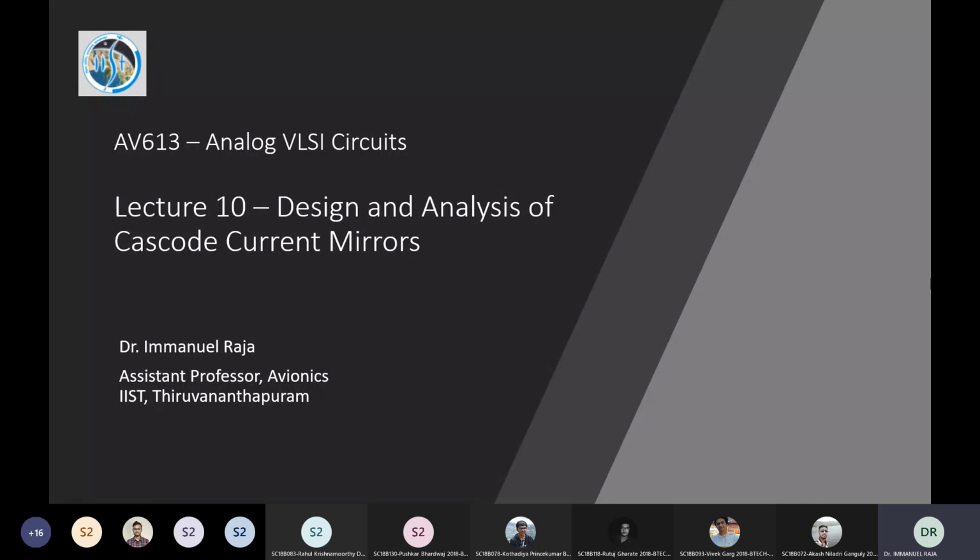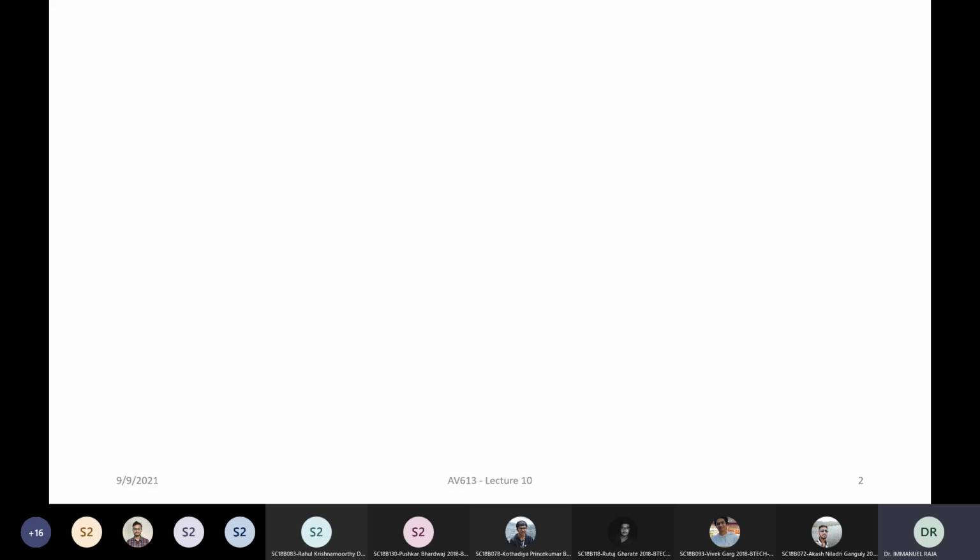When we say systematic mismatch, we are talking about the mismatch between the VDS of the two transistors. If you have M1 and M2 being the mirror transistors, the VDS of M1 and the VDS of M2 need to be equal, and this solves the problem of making sure both VDSs are the same.